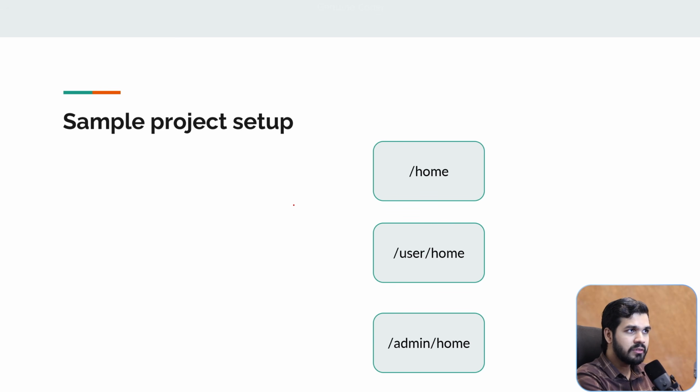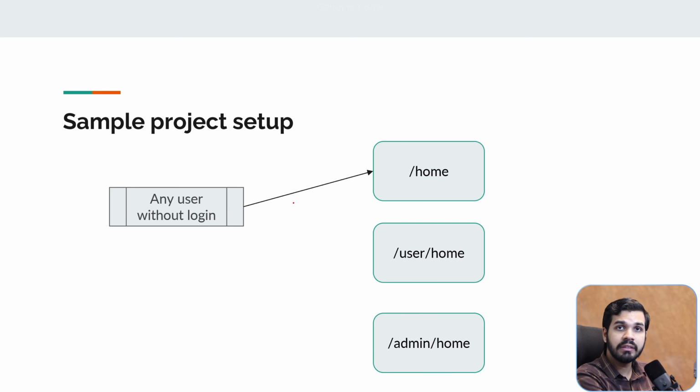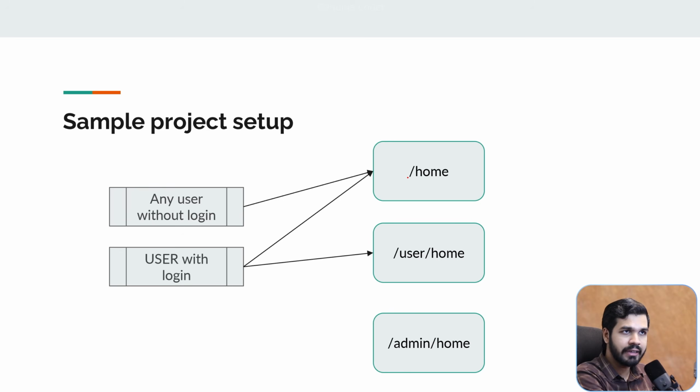So in this project, we will have three endpoints. One is /home, one is /user/home, and /admin/home. And all these endpoints are protected based on the role. So the first one is not protected. The /home is accessible for everyone. Any user without login can access the /home. And the /user/home endpoint is accessible to a user.